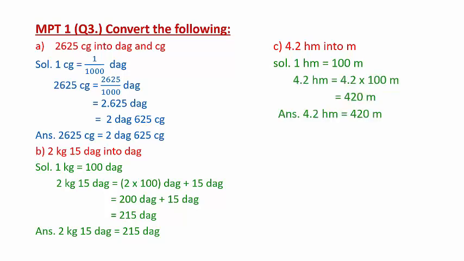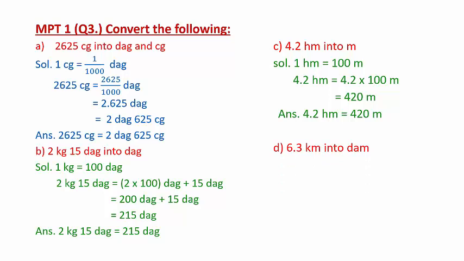So converting 4.2 hectometer into meter, we will multiply it by 100, that is 4.2 into 100 meter. That is equal to 420 meter. When you multiply 4.2 into 100, you will get 420 meter. And the answer is 4.2 hectometer equals 420 meter.